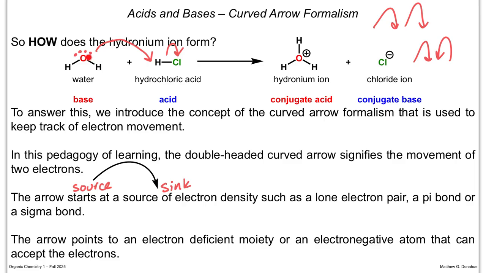When we show these arrows, we're proposing a mechanism of how we think things are happening. So we're forming an OH bond, so we're making a bond. And whatever that is pointing to, in theory, we need to break a bond. In general, that's going to be an atom or an element.